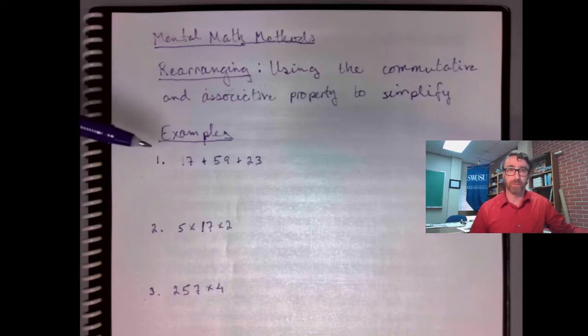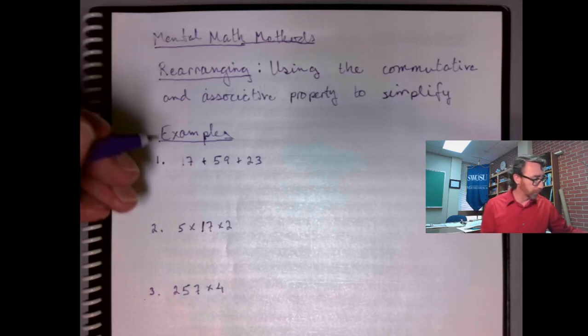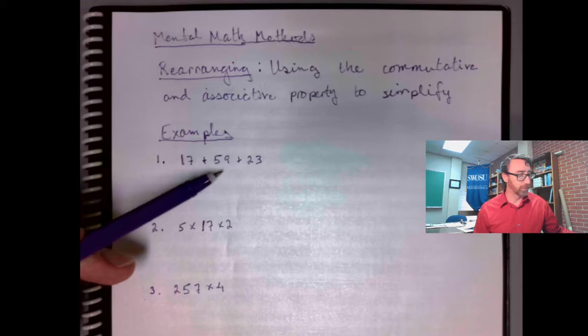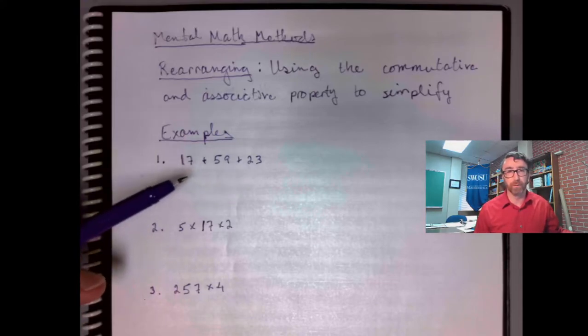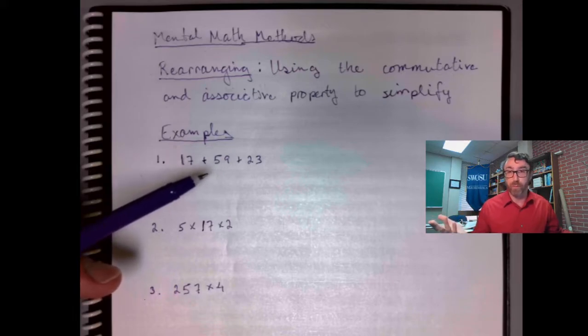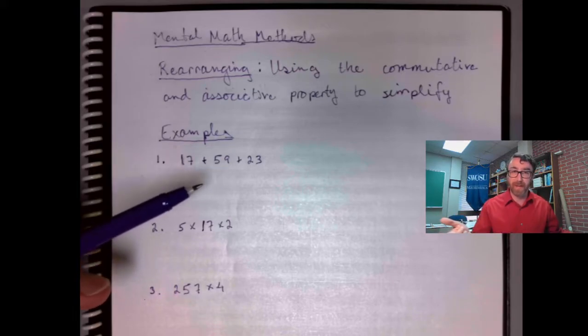Rearranging involves using the commutative property and the associative property, sometimes even the distributive property, to give us an easier problem. So let's look at this example right here. 17 plus 59 plus 23. If I were to add these two numbers, of course you can do it, but I have to do some carrying.